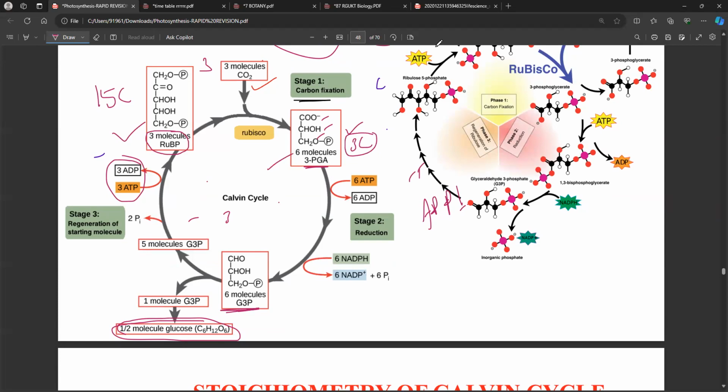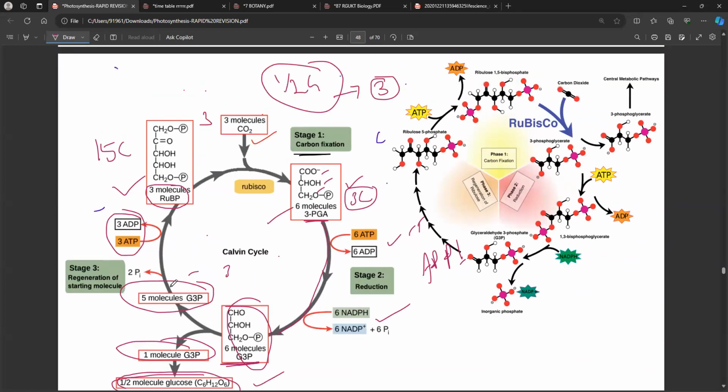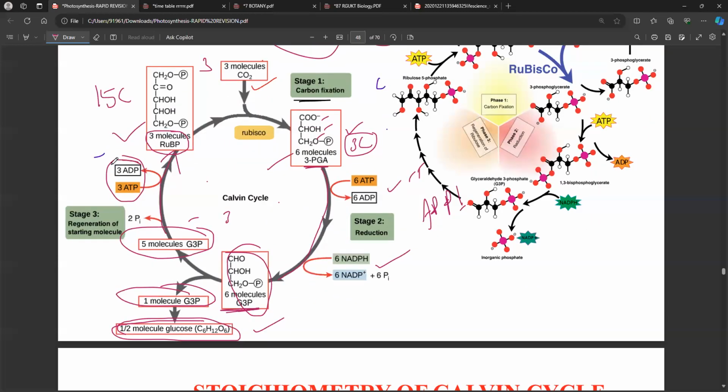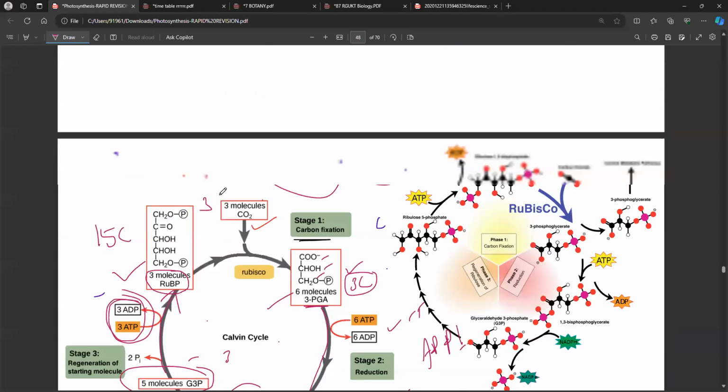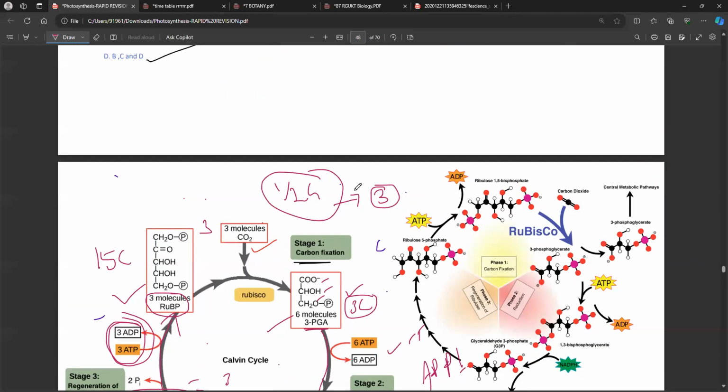This is the carbon fixation. Now, the 6 molecules of 3-PGA are reduced to 6 molecules of G3P by spending 6 molecules of ATP and 6 molecules of NADPH. Out of 6 molecules of G3P, 1 molecule comes out of the cycle and produces half a glucose. The remaining 5 molecules of G3P are regenerated into 3 molecules of RuBP by spending 3 ATP again. So I will ask you very simple questions only.